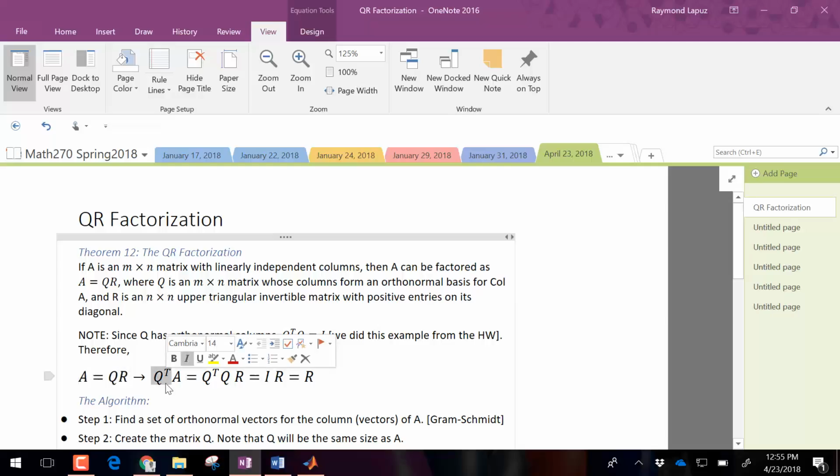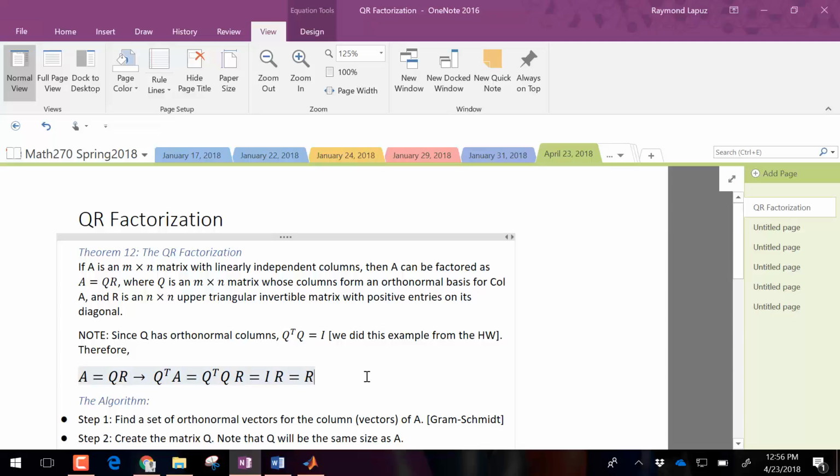And the inverse, remember, is the transpose. So we have Q transpose times A is equal to R. And that is actually how we're going to find R.